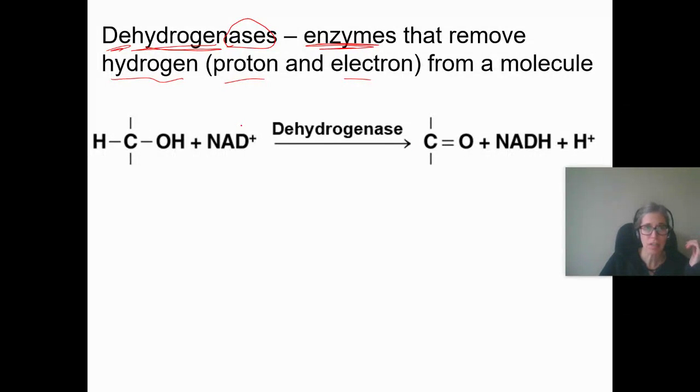So here's NAD becoming NADH. You need the enzyme to take the hydrogen and the electron, the proton and the electron from here, which is a hydrogen, right? And stick it onto here. And so the dehydrogenase is just an enzyme that makes this redox reaction happen.